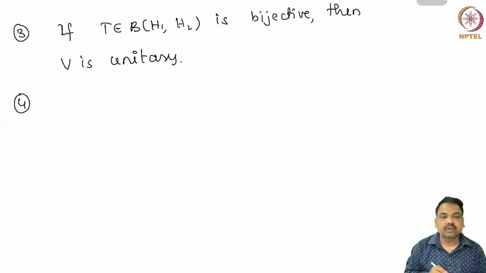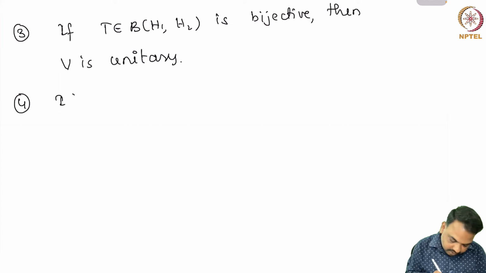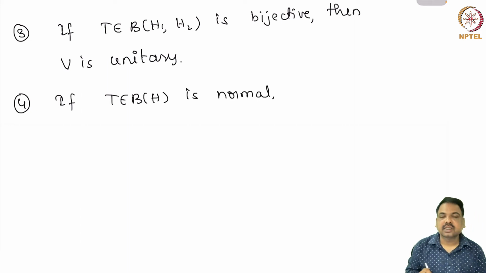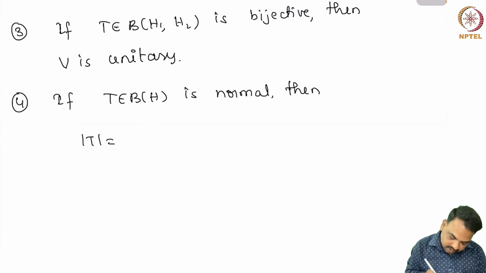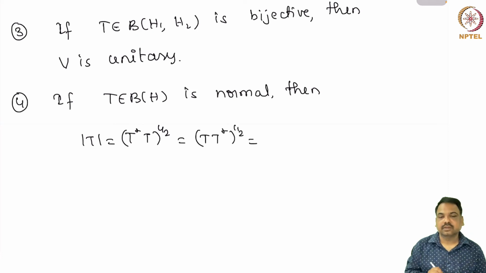So let us look at some more consequences. If T in B of H is normal, then we know that T star T equal to T T star. Then we can easily say that modulus of T, that is T star T power half, is nothing but T T star power half, this is nothing but modulus of T star.